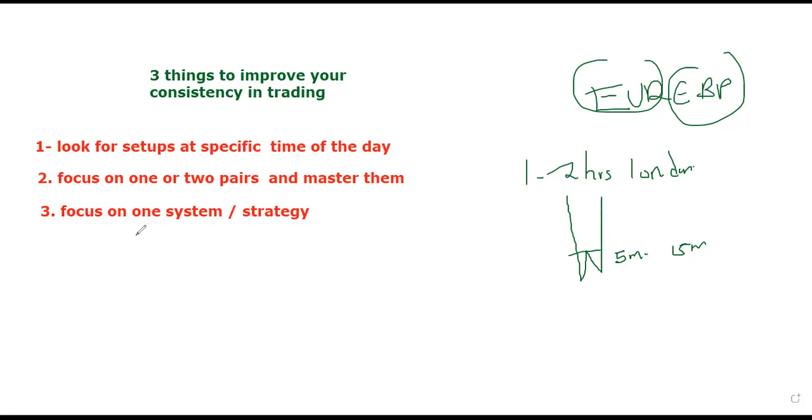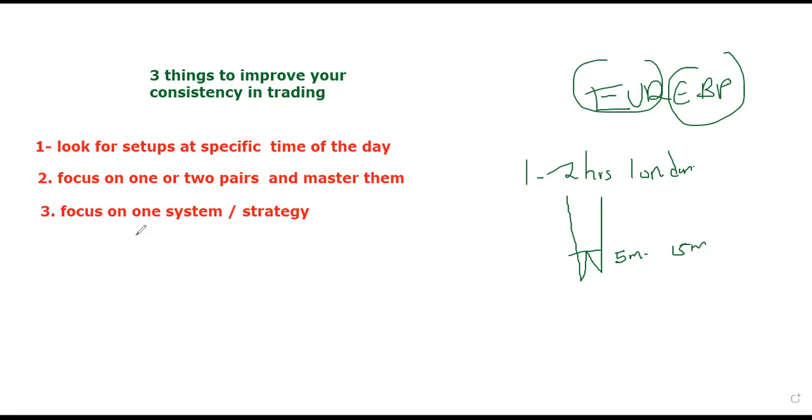For example, GBP JPY moves differently on the London open than, for example, NZD USD. During the London open, GBP JPY normally has big movements, and most of the time the setups are clearer than on other currencies, guys. So when you master one currency, you're going to observe these patterns on a daily basis.